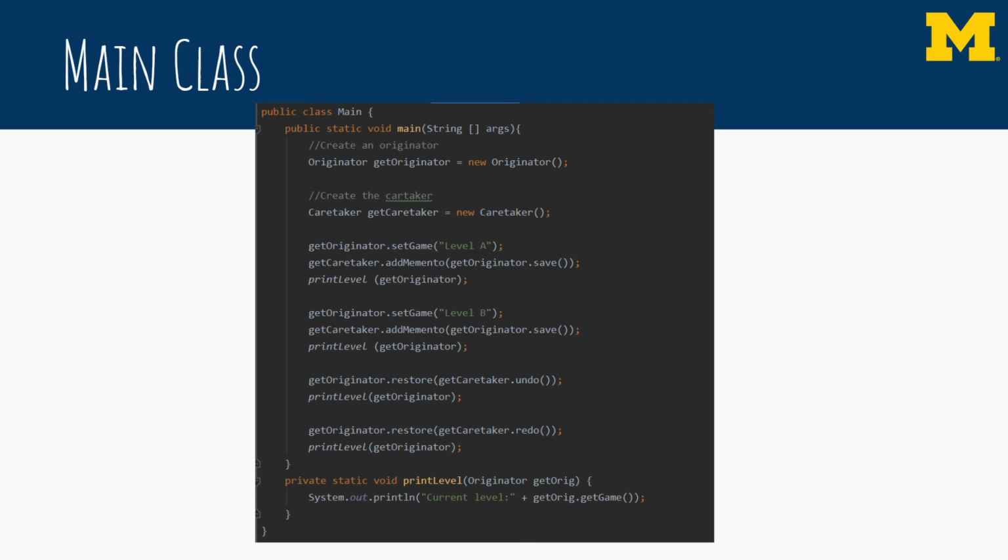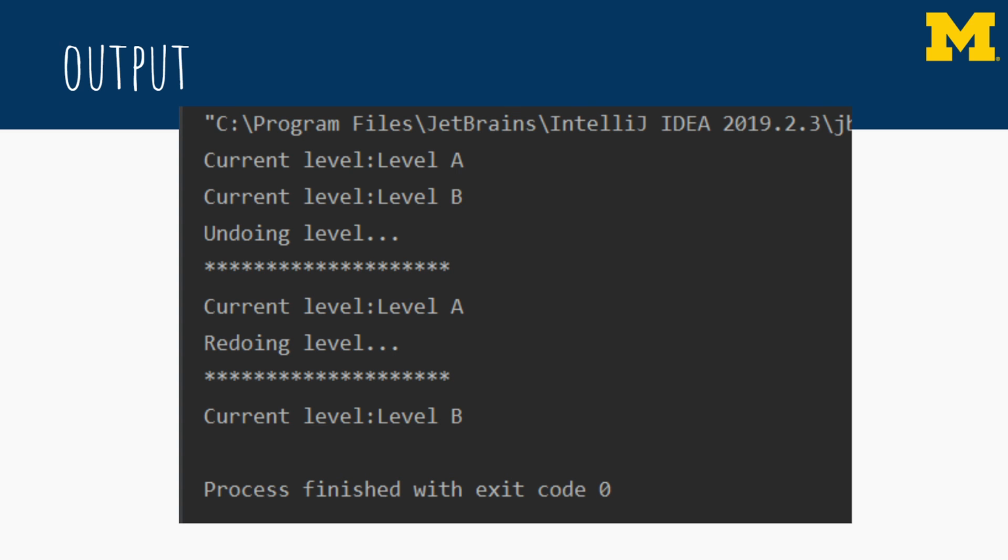Then we go to the third step and undo it. If we undo it, it should take us back to the current level A. And if we redo the level, it should take us back to the current level B. So that's basically the main idea of the Memento design pattern.